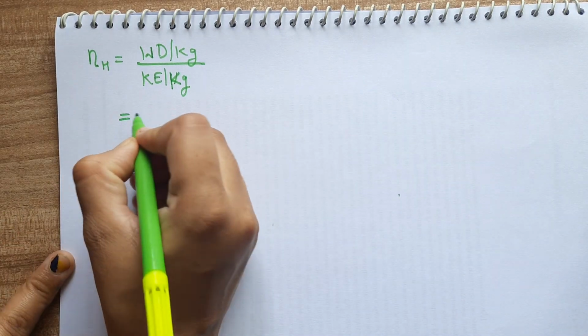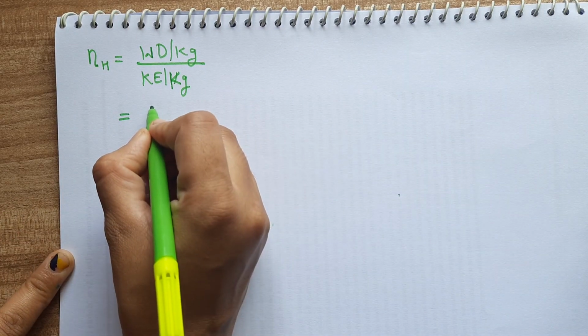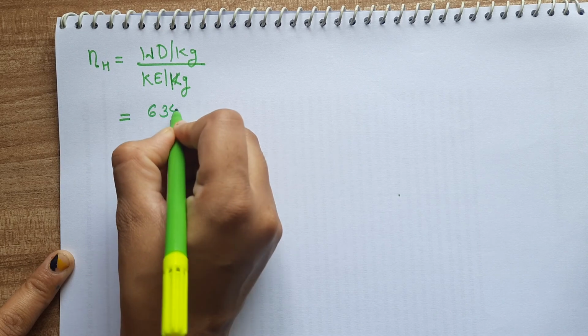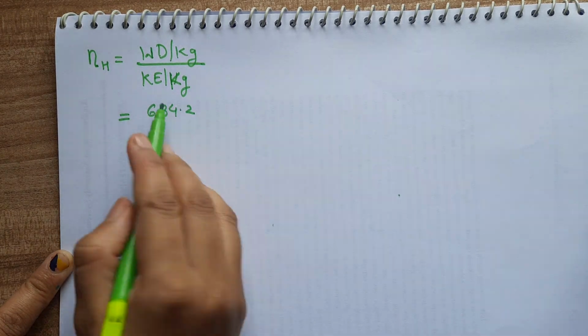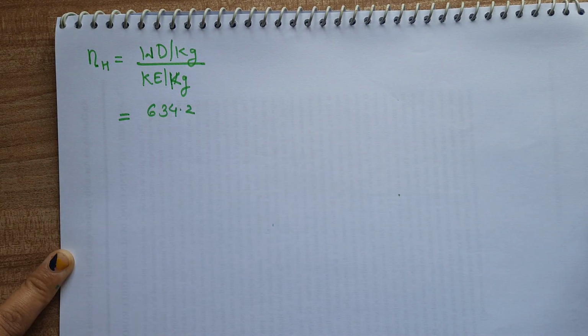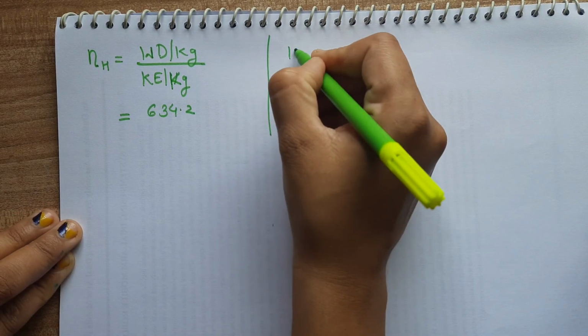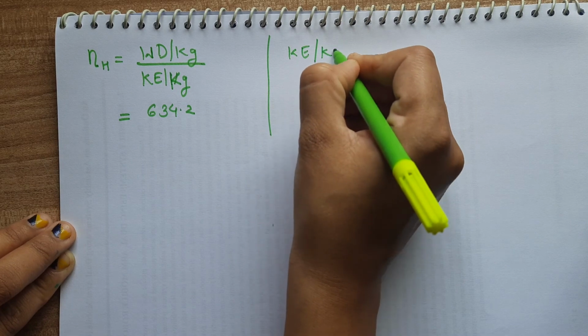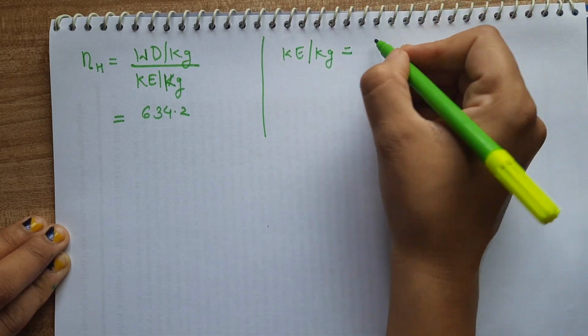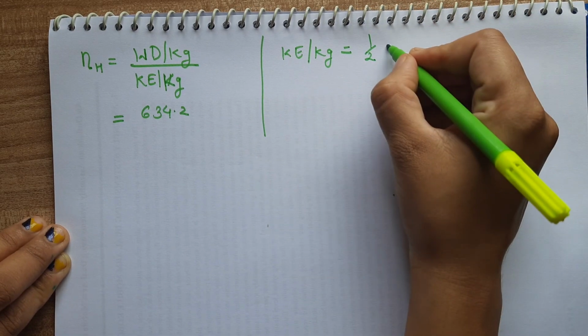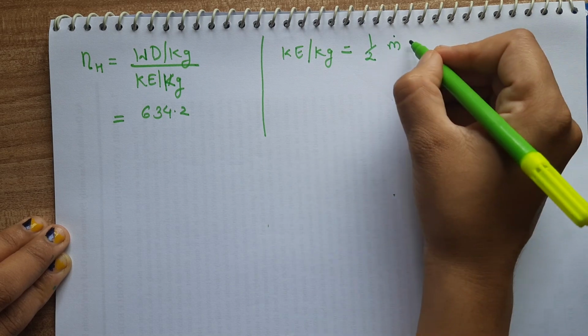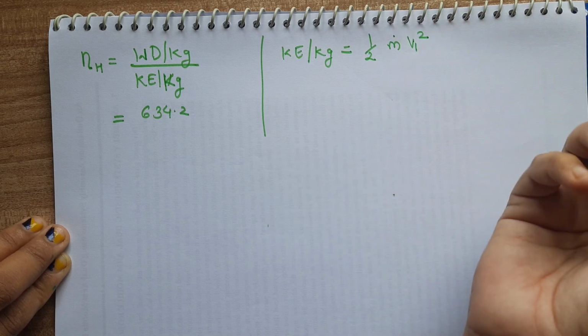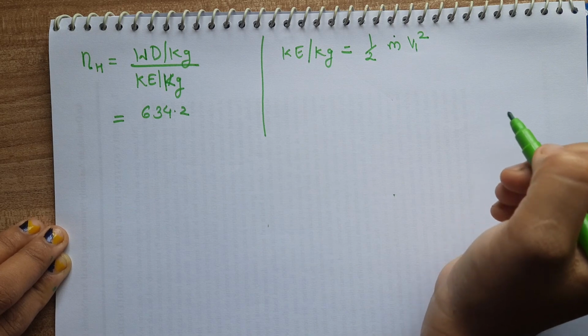Work done per kg we have already found it as 634.2. But now what is the kinetic energy per kg? For that one by 2 m dot into V1 square. This is what we normally take as a kinetic energy per second.